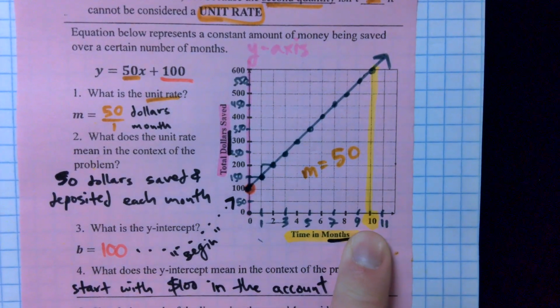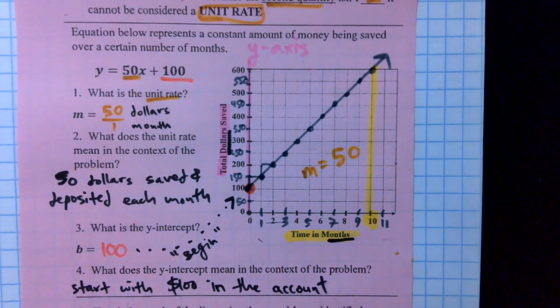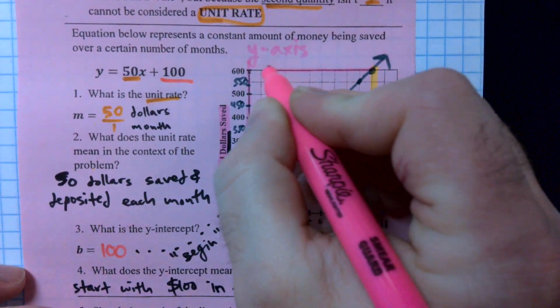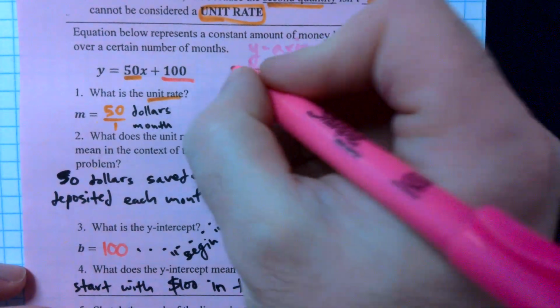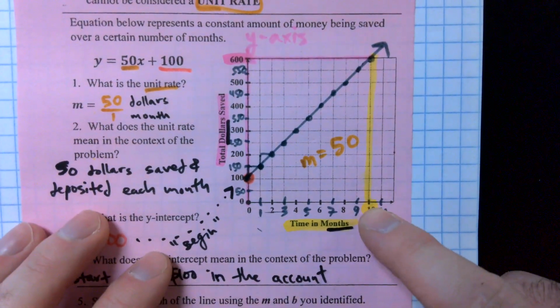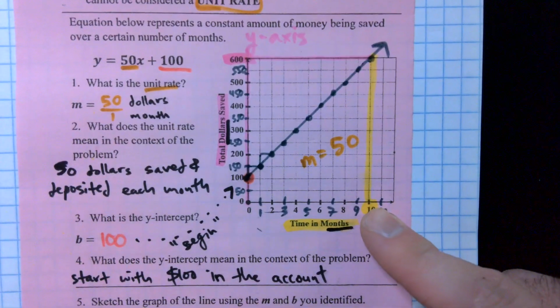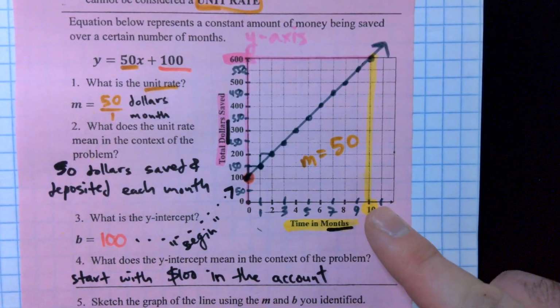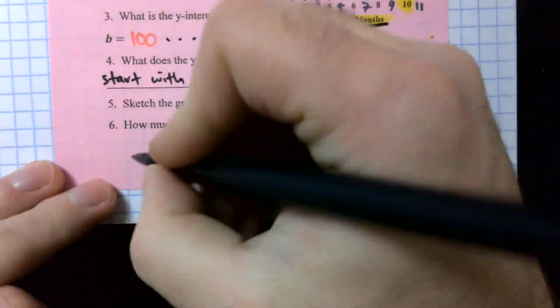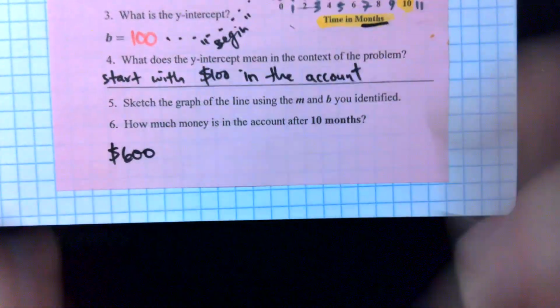We hit the line, and then we look where? Over, over, over, over, over to the y-axis. Where do I land up there? 600. So that tells me in 10 months of saving $50 a month, plus that 100 I started with, now I've got $600 in my account.